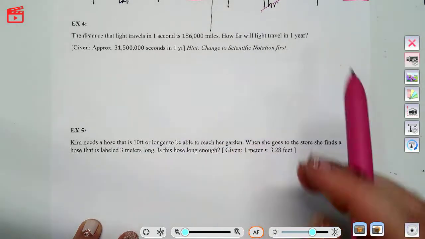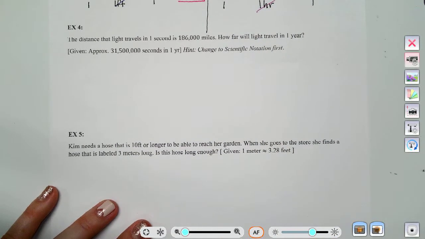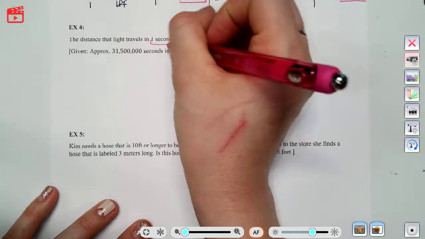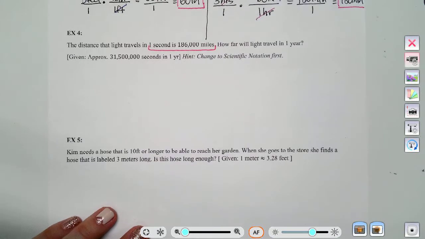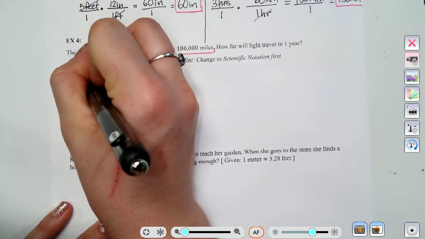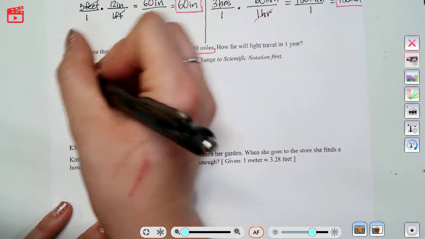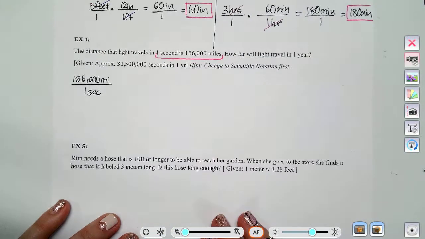All right, so just as we did above, we're going to write down what we're given. We are given 186,000 miles per second. So let me write this down. 186,000 miles in 1 second. That's what we're given.